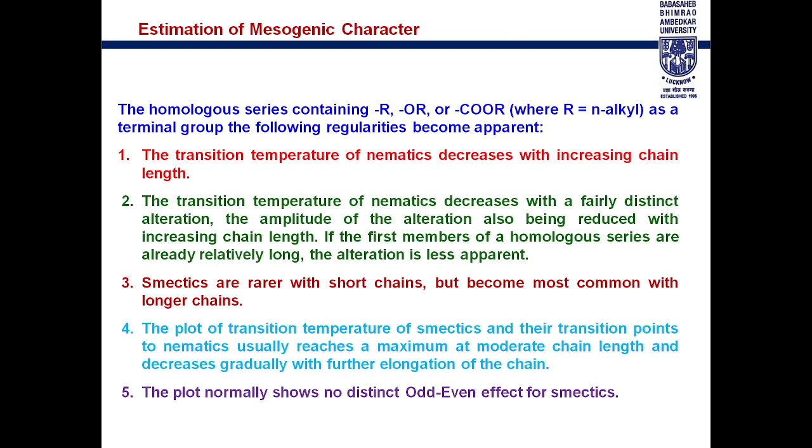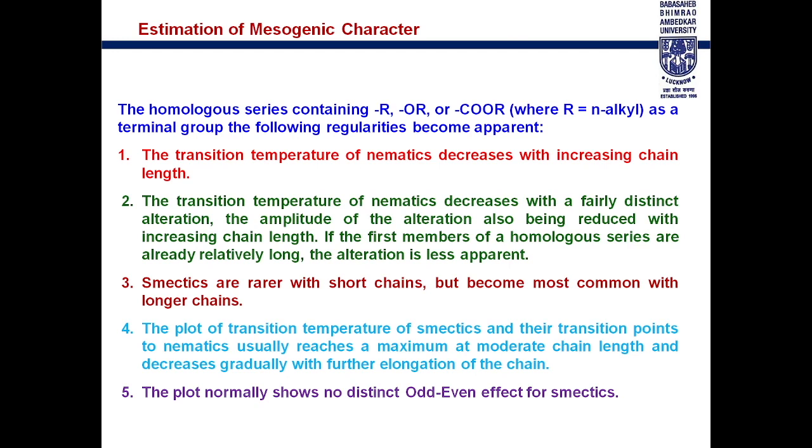The amplitude of alternation is also reduced with increasing chain length. If the first members of the homologous series are already relatively long, the alternation is less apparent. Smectics are rarer with short chains but become more common with longer chains.